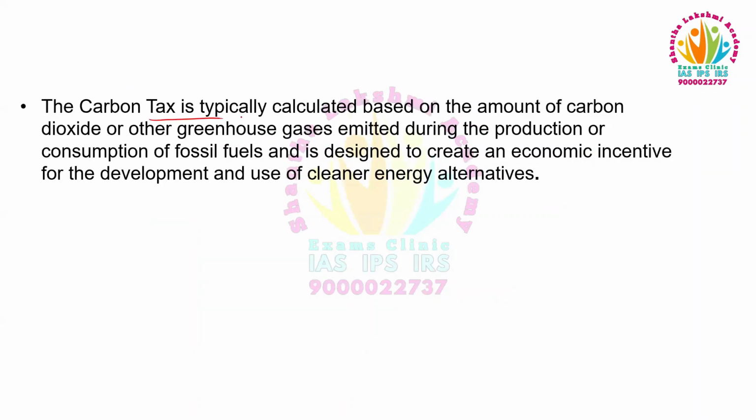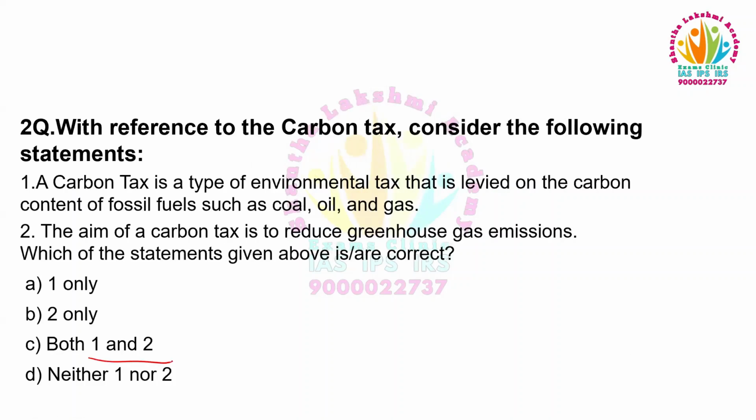The carbon tax is typically calculated based on the amount of carbon dioxide and other greenhouse gases emitted during the production or consumption of fossil fuels and is designed to create an economic incentive for the development and use of cleaner energy alternatives. So the answer is both 1 and 2 are correct. Moving to the next question.